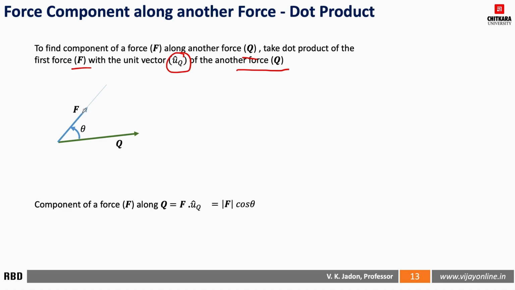So this is force F, and we have another force Q. We take the dot product between the unit vector of Q and F, and this will give you the component of force F along Q, where along Q is the direction represented by the unit vector.